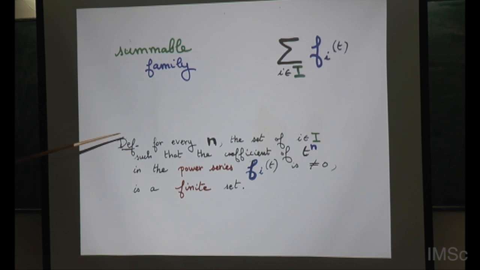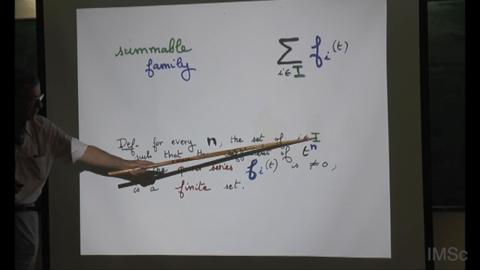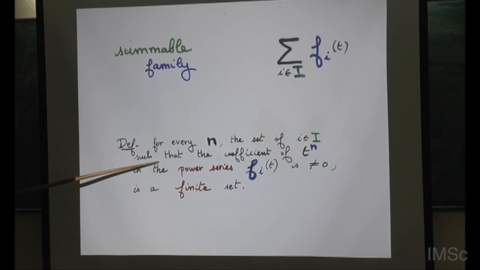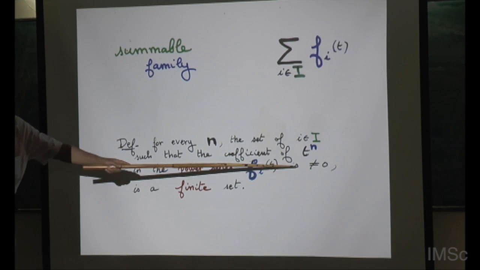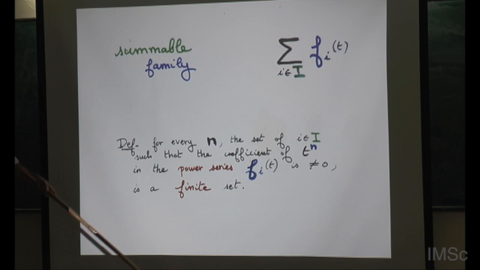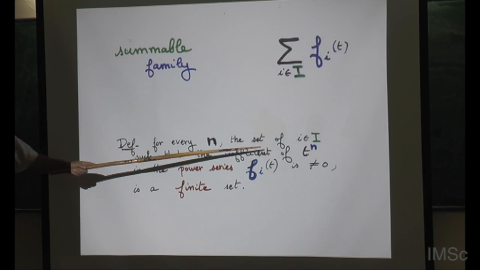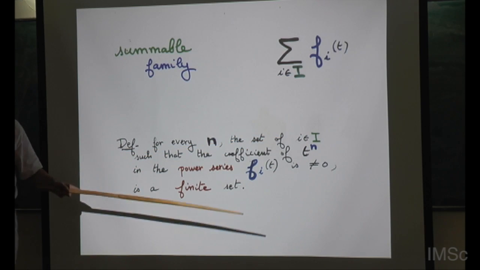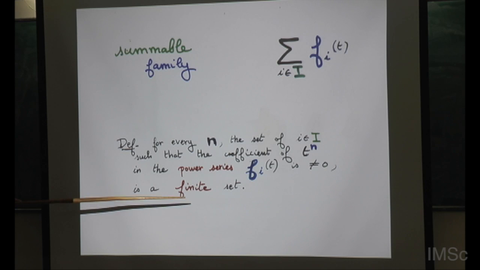This condition is for every n, take the set of indices i belonging to capital I, such that the coefficient of t power n in the power series fi of t is non-zero. And then the condition says that this set of indices is going to be a finite set.